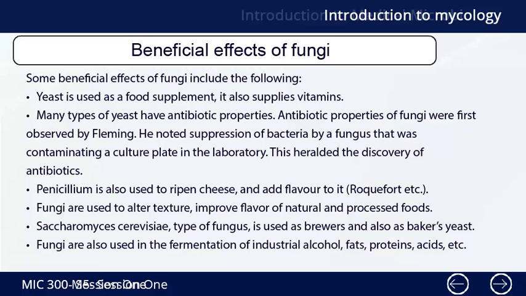Number 5, Saccharomyces cerevisiae type of fungus is used as brewers and also a baker's yeast. Number 6, fungi are also used in the fermentation of industrial alcohol, fats, proteins, acid, etc.